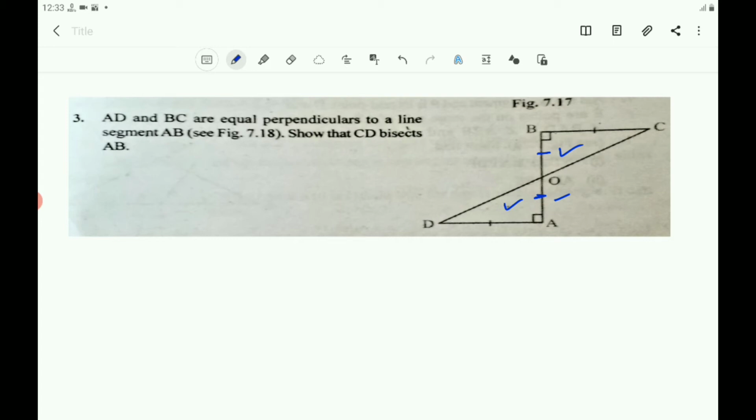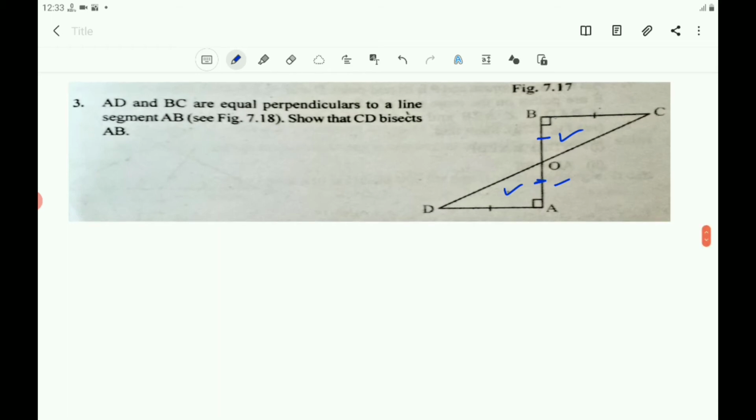After proving they are congruent, we will get BO is equal to OA according to CPCT. BO equal to OA means AB is bisected by the line segment CD. That is what you have to prove here.